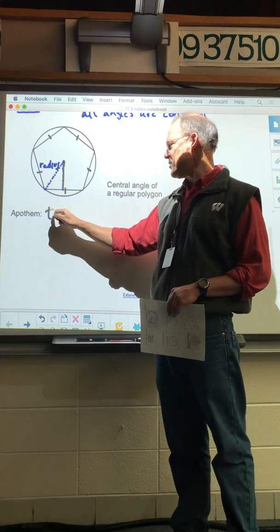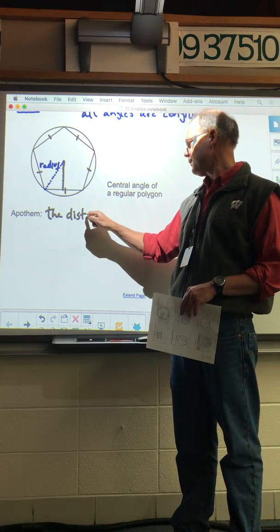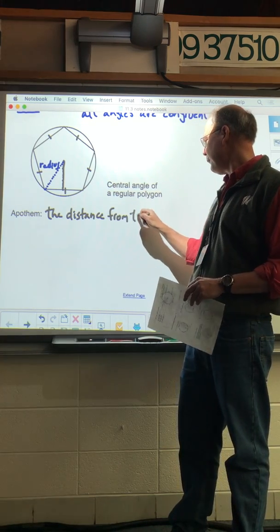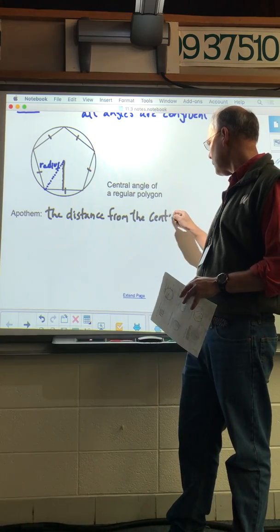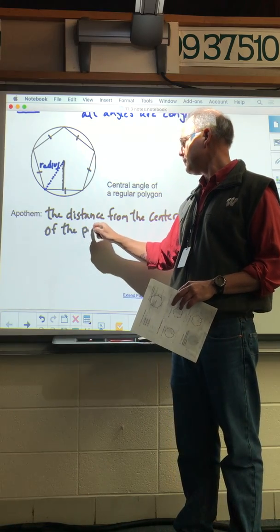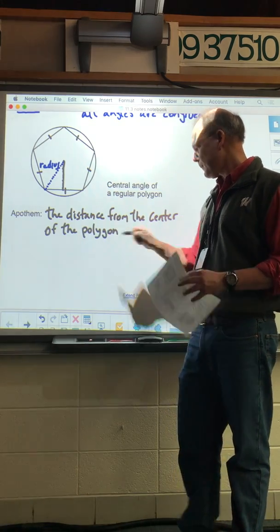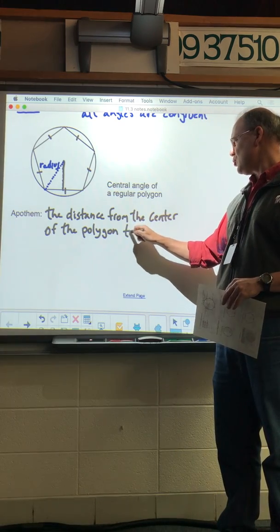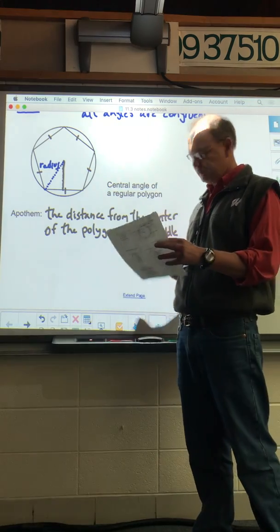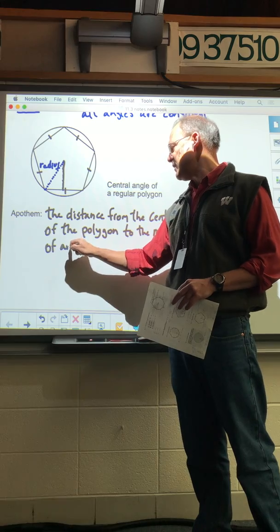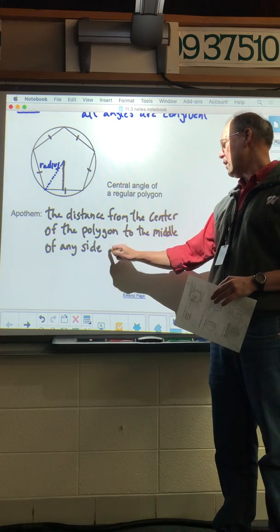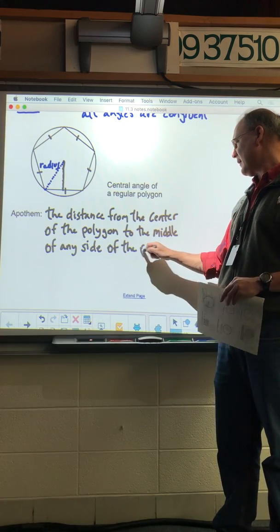So the apothem is the distance from the center of the polygon to the middle of any side of the polygon.